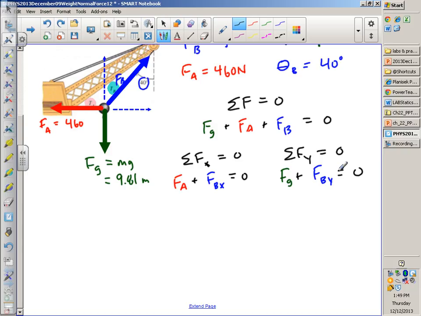In the past, I've usually given you the hypotenuse of the triangle and an angle and made you find the two components. But do we know the hypotenuse here? We don't. So I can't do it that way. But if we look on the x-axis, how many forces are on the x-axis? Just 2. What do they have to add up to? 0.